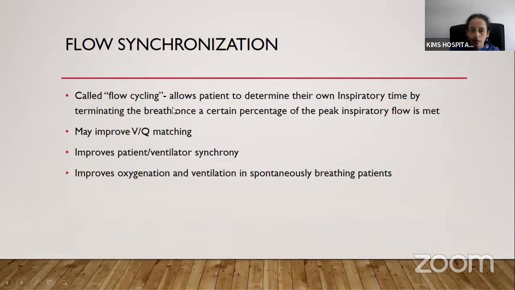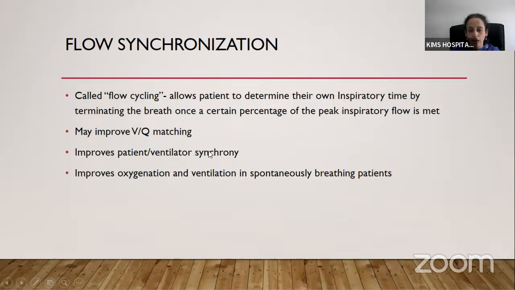So flow synchronization, also called flow cycling, allows the patient to determine their own inspiratory time by terminating the breath once a certain percentage of peak inspiratory flow rate is met, which we have already discussed. It is usually kept anywhere between 5 to 25%. So flow synchronization or PSV mode may help to improve ventilation perfusion matching and improves patient ventilator synchrony.